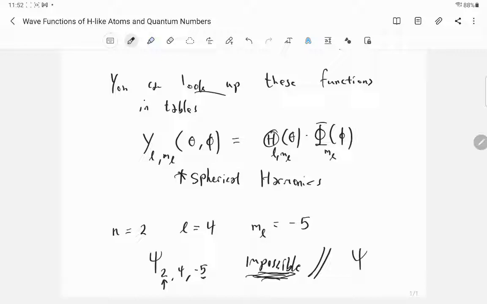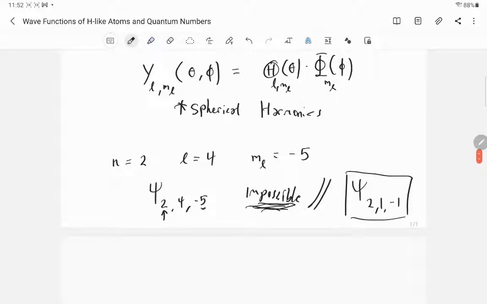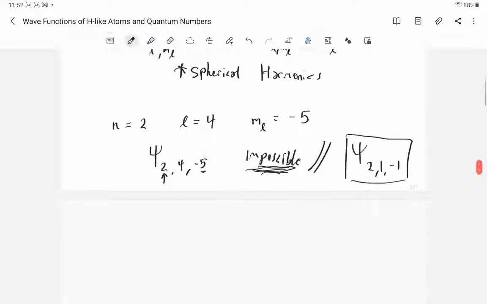Here's an interesting one: 2, 1, -1. I can go look this up. The wave function for the hydrogen-like atom, psi sub 2, 1, -1. I'm looking in a table right now; it's actually in the book for this class.